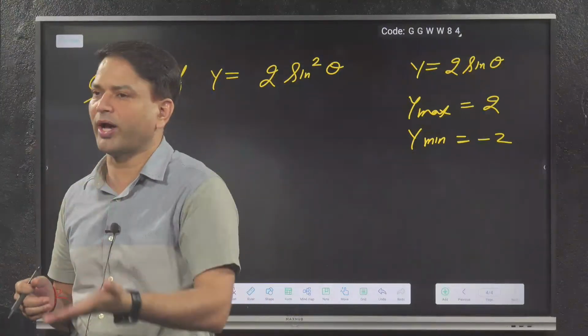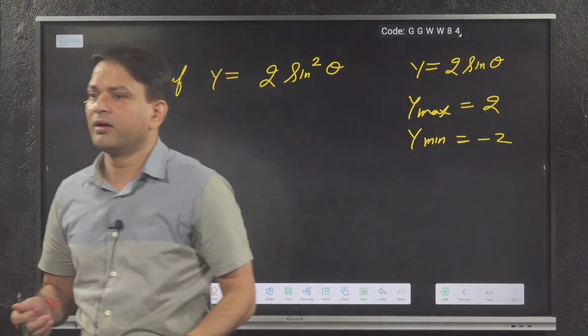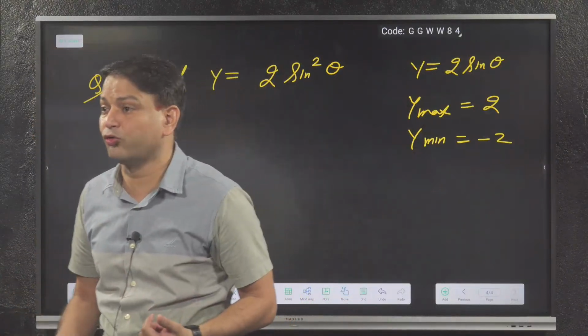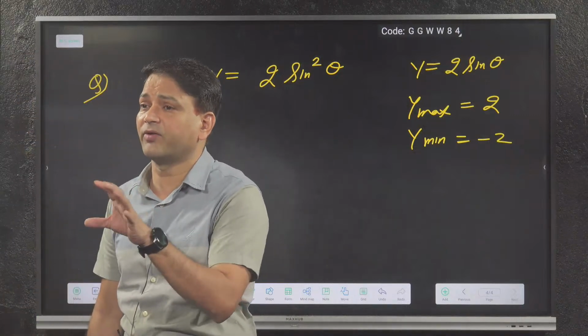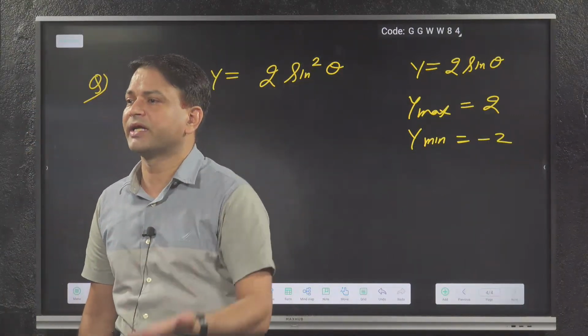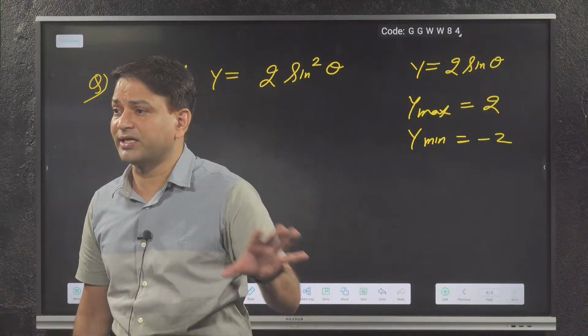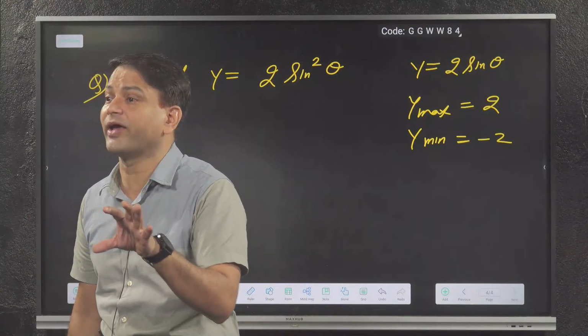Like minus 1 square is 1. Minus 0.5 square is 0.25. After doing the square, negative also converts into positive. It means sine square theta will always be positive.